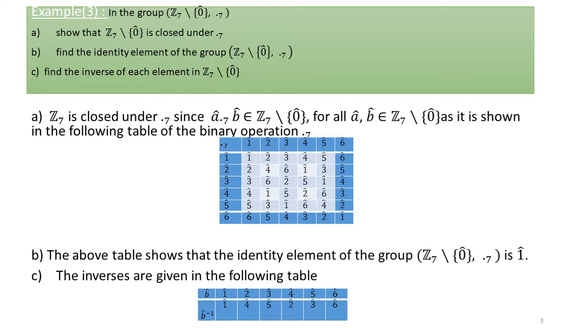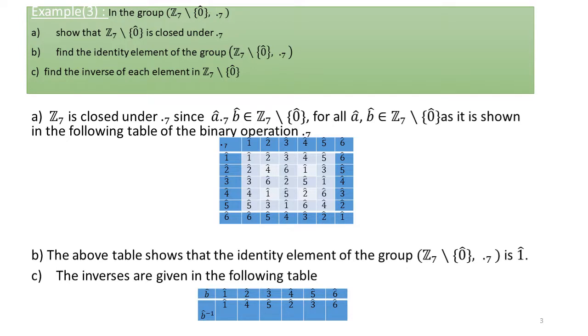So 3 into 1 is 3, 3 into 2 is 6, 3 into 3 is 9, mod 7 it is 2, 3 into 4 is 12, 12 mod 7 is 5, 3 into 5 is 15, 15 mod 7 is 1, 3 into 6 is 18, 18 mod 7 is 4. So 4 into 1 is 4, 4 into 2 is 8, mod 7 it is 1, 4 into 3 is 12, mod 7 it is 5. So in this way we can fill up the table.